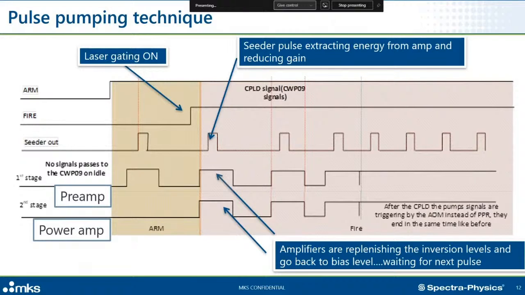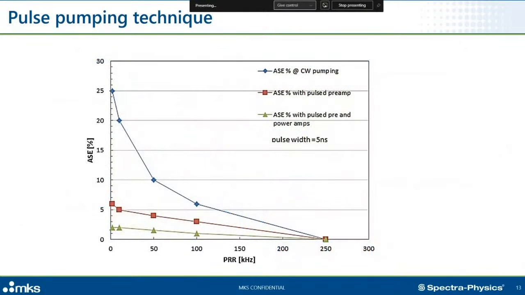Instead, using this scheme of pulse pumping, we are pumping for a very short time with a strong pump current, and then between the pulses, we only maintain a biasing current. By doing that, we are able to reduce the ASE level, especially at low currents, at low frequency, low pulse repetition rates. We can keep the ASE to a minimum.